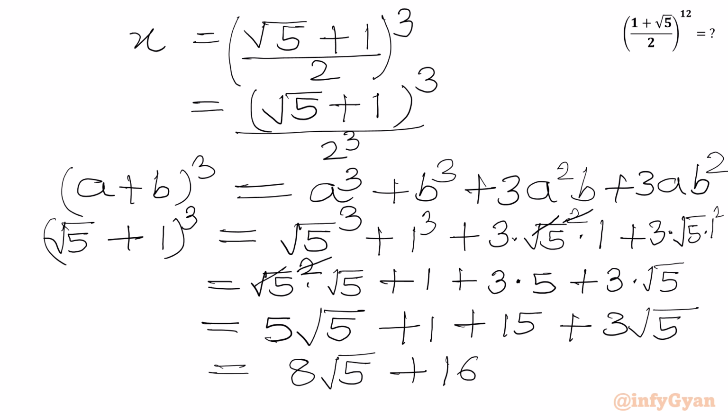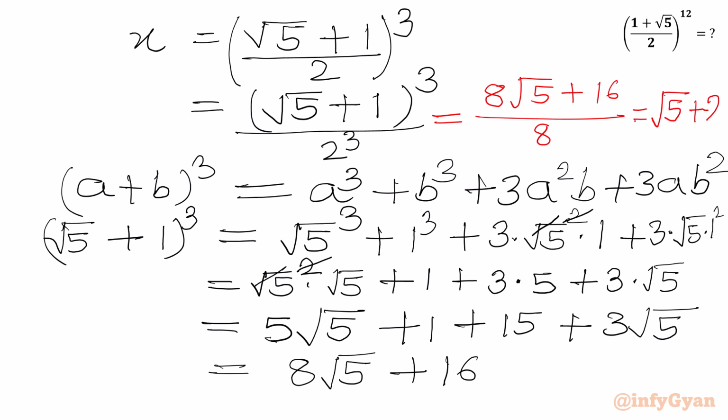So in the numerator we can write 8√5 + 16. And the denominator is 2^3, which is equal to 8. So we'll be getting √5 + 2.